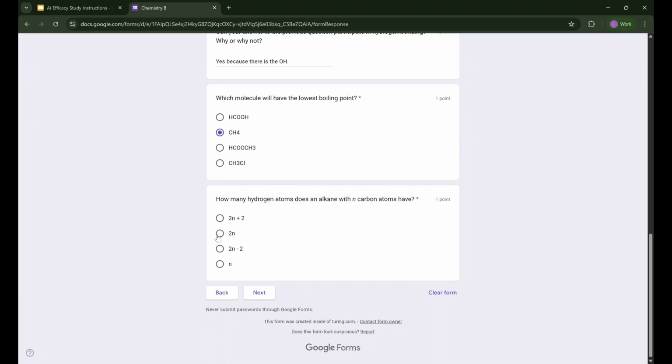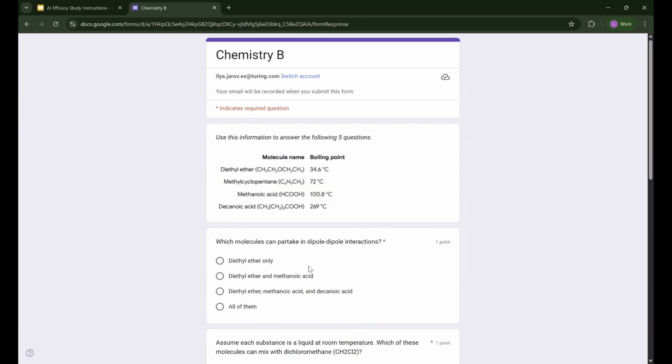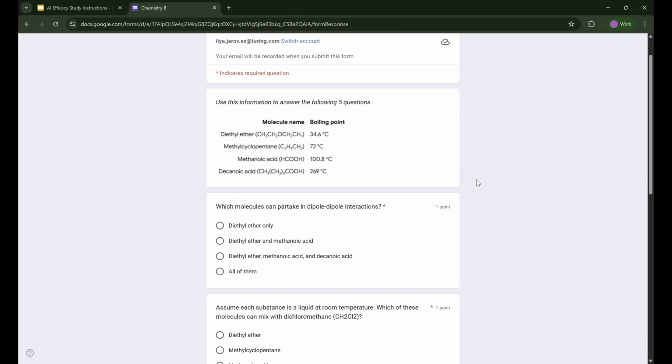Oh, yeah, it's just got to be twice, I believe. Because if it's a ring, then all of the carbons are bonded together, and each one can only have room for 2 hydrogens. Okay.